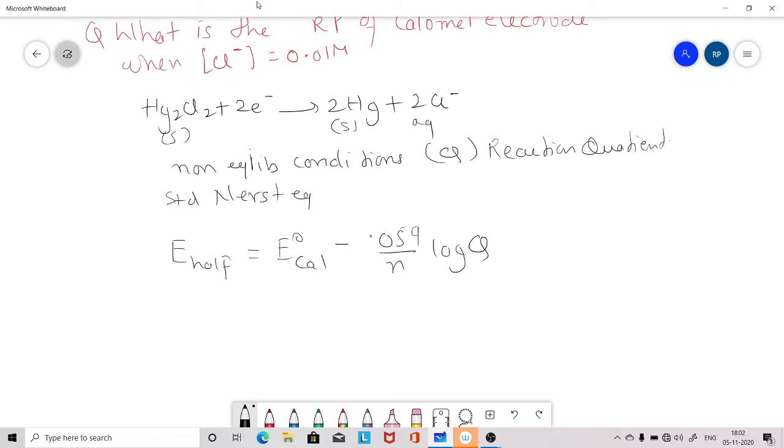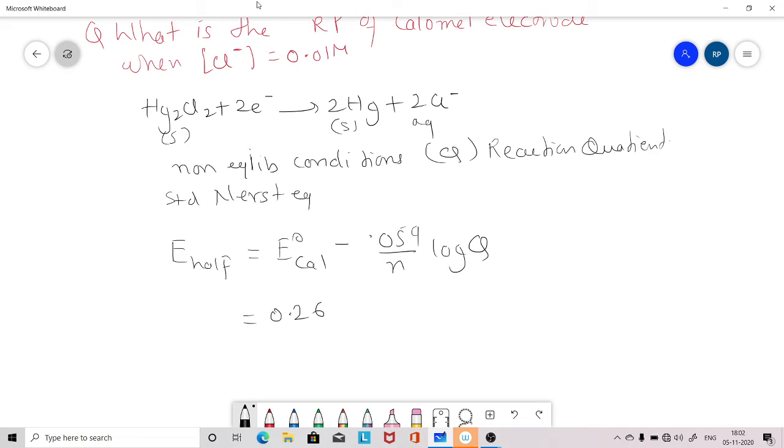E naught of calomel electrode we calculated earlier is 0.26. Some books give 0.25 or 0.24, but we are taking 0.26.